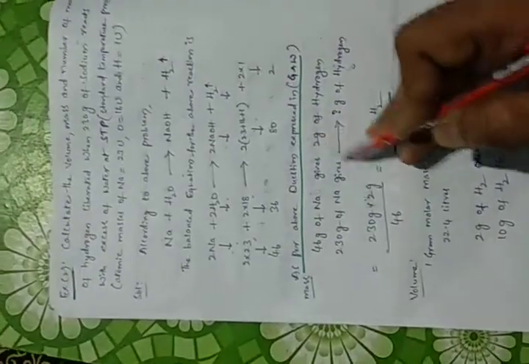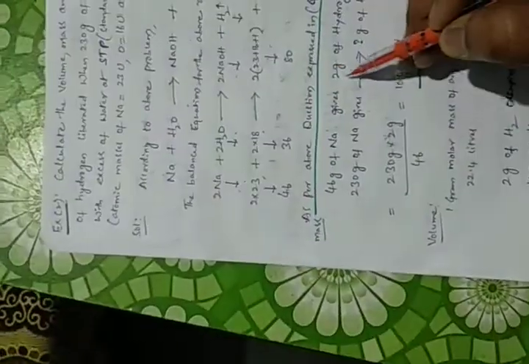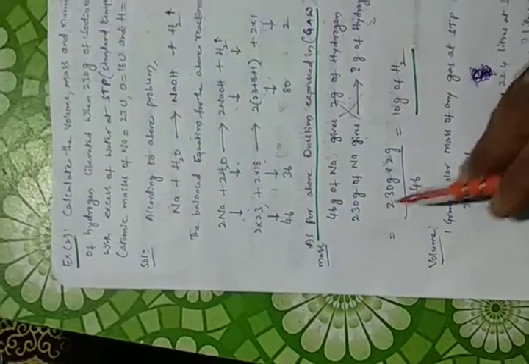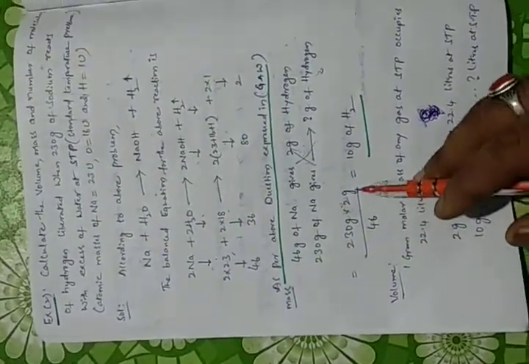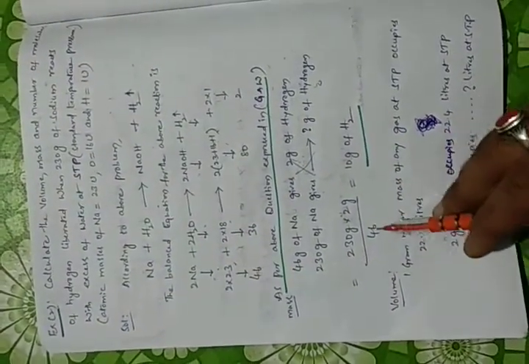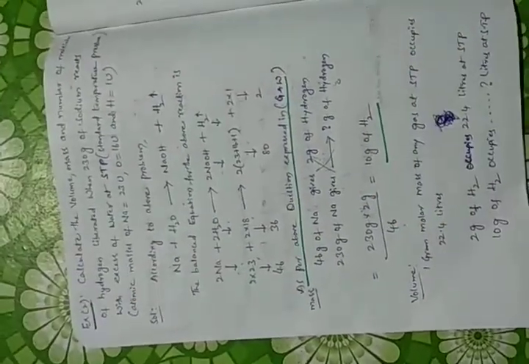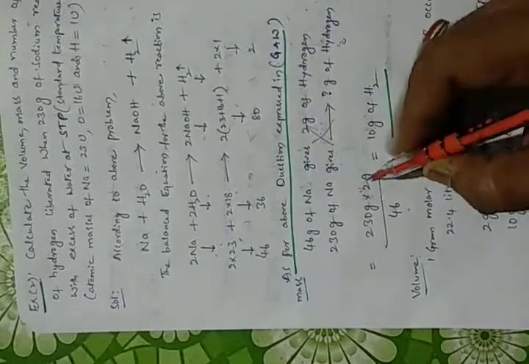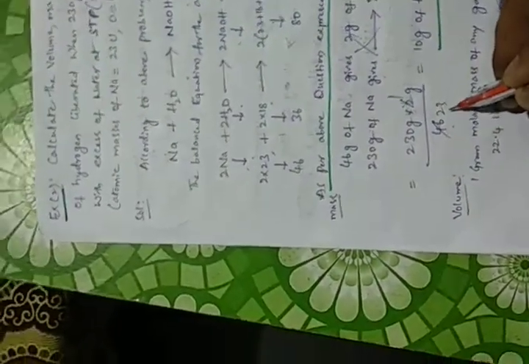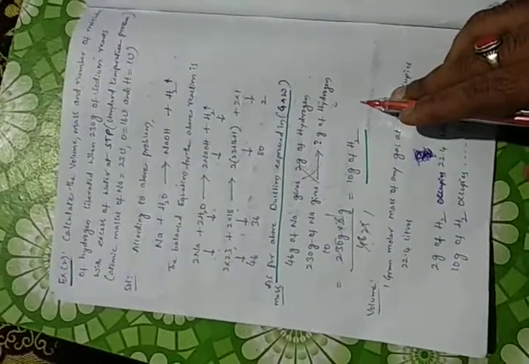So doing cross multiplication, 230 grams into 2 grams by 46. 2 ones are 2, 23 ones are 23, so 10 grams of hydrogen we are getting as mass.